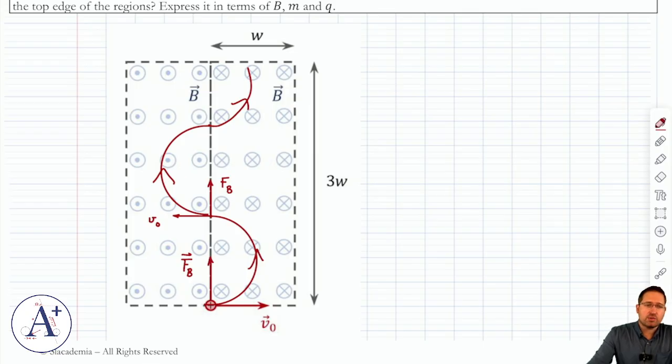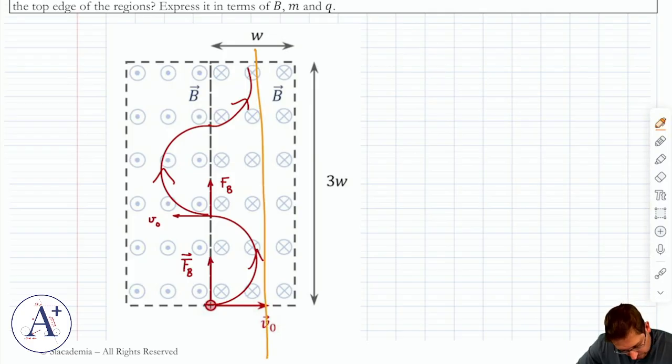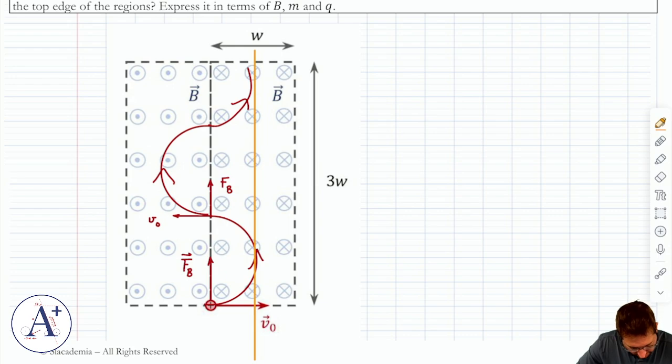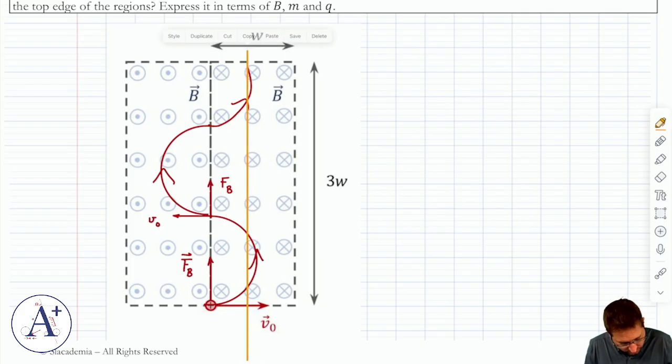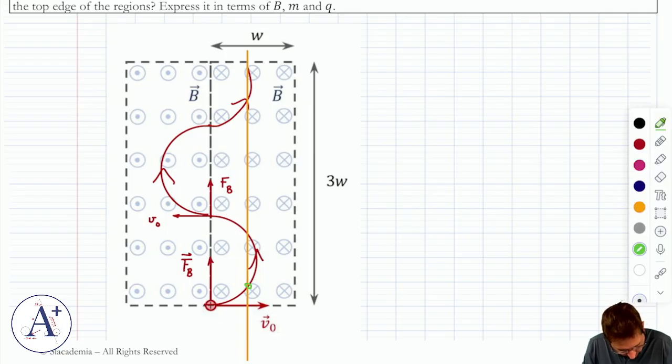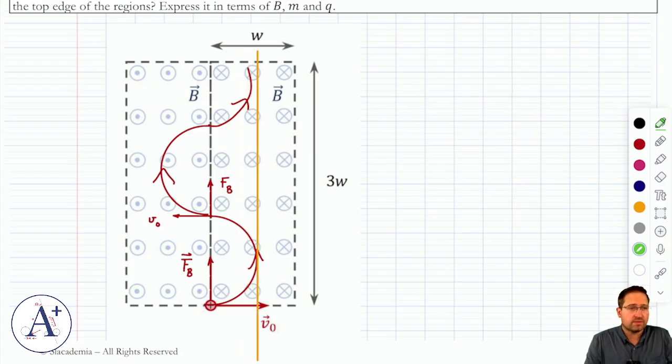So how small can I make W? Well, the smallest you could make it would be so that you barely graze the edge right here. You're just on the edge, but then you turn. If W is smaller than that, then you will exit the region with the magnetic field right here, and from that point onward you will travel in a straight line because there's no more force for you. So W cannot be less than this. Interestingly enough, that amount is the radius of the semicircular path.